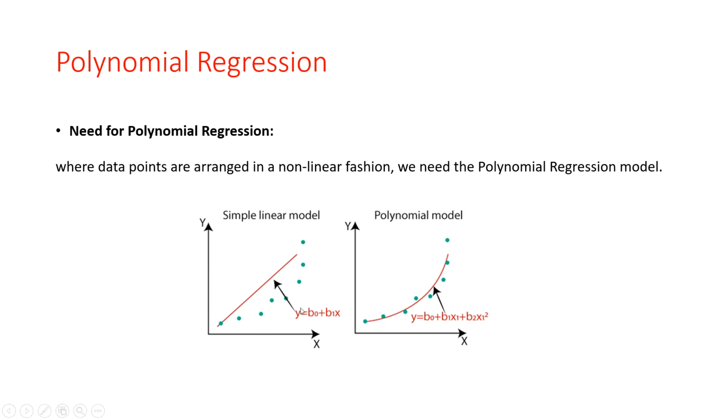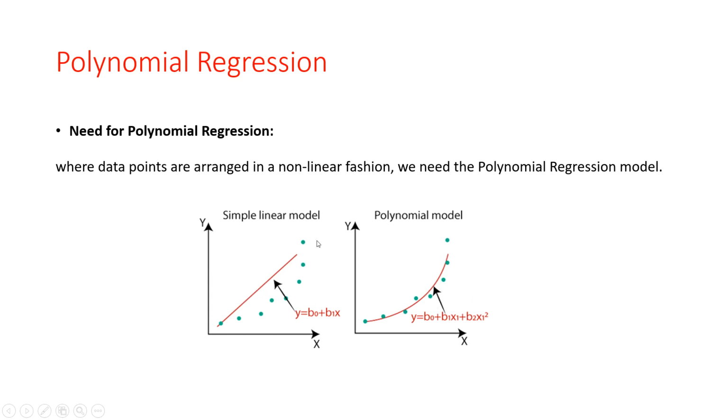In this image we have taken a data set which is arranged in a non-linear fashion. If we try to cover it with a linear model, we can clearly see that it hardly covers any data points. On the other hand, a curve is suitable to cover most of the data points, which is the polynomial model.